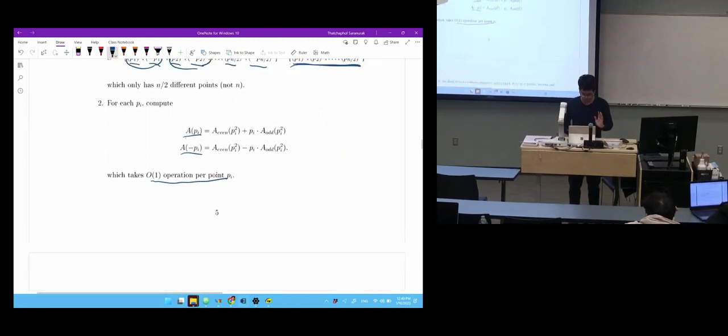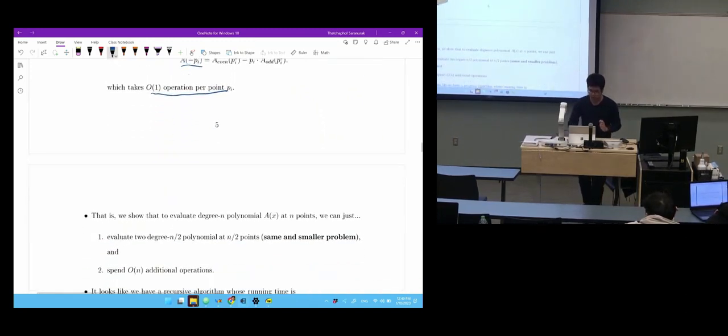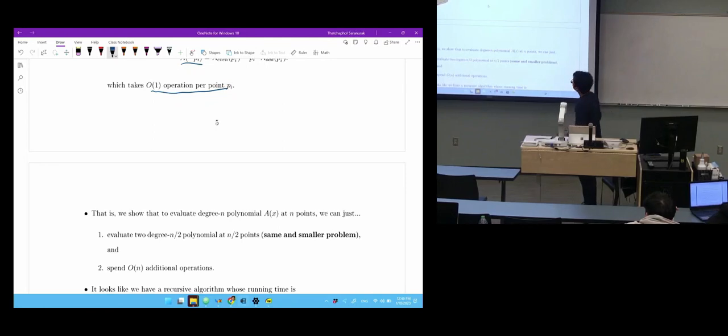So what do we get so far? We get that to evaluate a degree n polynomial at n many points, I just need to look at 2 polynomials, which are A even and A odd. These 2 polynomials now have half the degree. And I also need to evaluate them at n over 2 many points, half again.